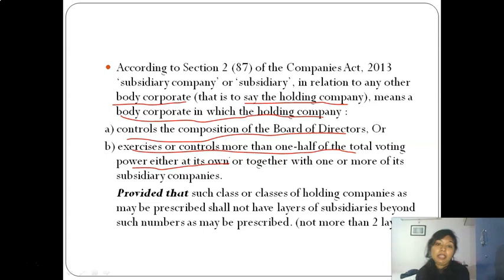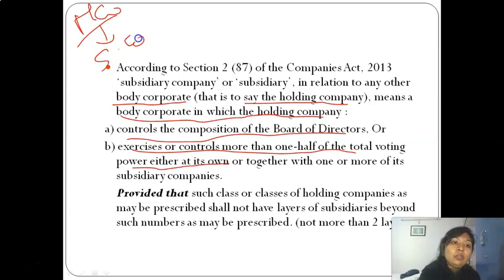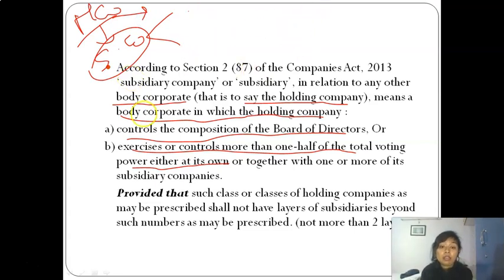What does it mean? That is, this is a holding company and this is a subsidiary company. How does this company become a subsidiary? Either this company controls the composition of the board of directors, that is, whenever directors are appointed or reappointed, we take the permission of this holding company, or more than half of the total voting power.